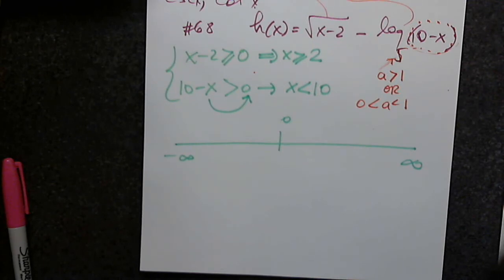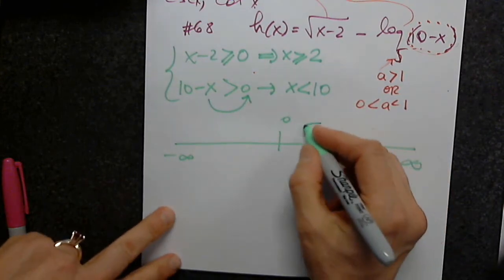What will I be doing with x greater than or equal to 2 and x less than 10? Find the intersection. Exactly, because I have to find the territory in which I can tell you I can evaluate this function if you give me x values between this and this. If you give me something outside, the function doesn't exist.